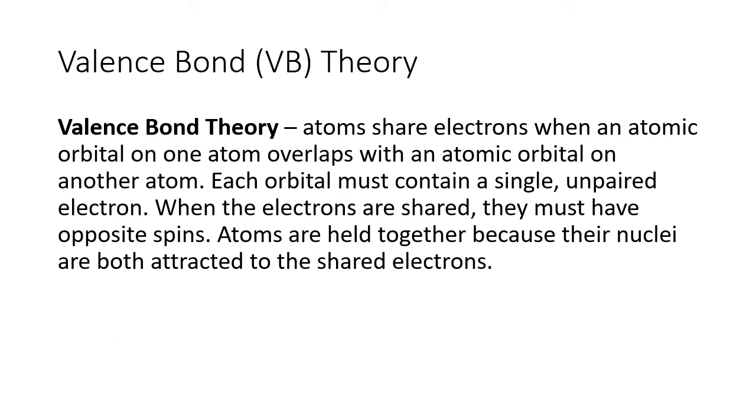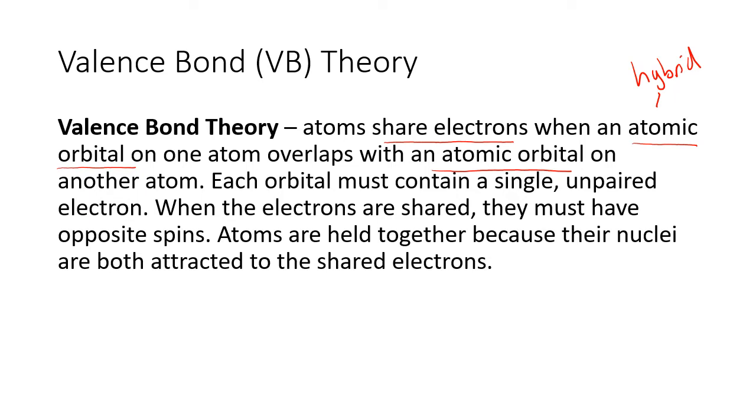Another important theory that we learned is called valence bond theory, sometimes VB for short. And this is a very specific bonding theory that talks about different types of bonds that can form and then how they form and why they form. So specifically, it says when we have atoms that are sharing electrons, so covalent bonding, it occurs when we have an atomic orbital or a hybrid orbital, it can be 2, which we'll see in a little bit, on one atom overlapping with an atomic or a hybrid orbital on another atom.